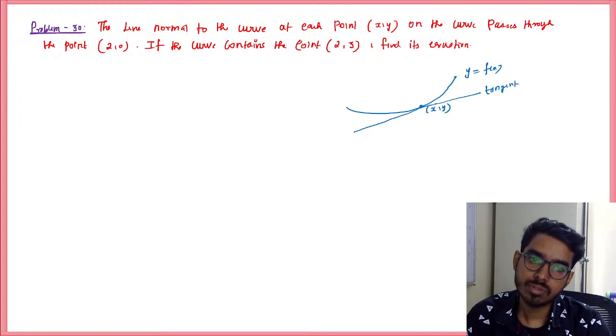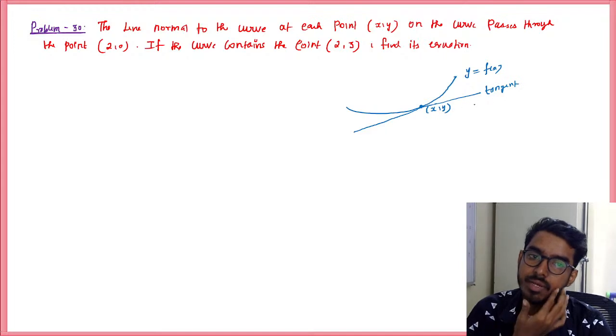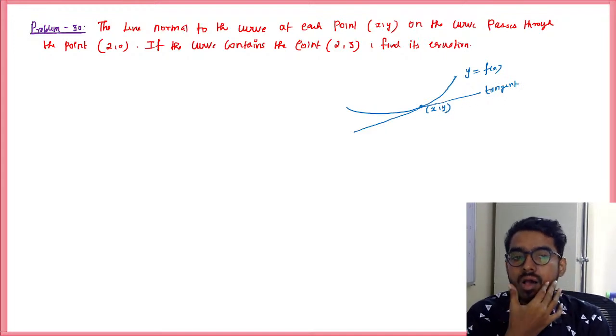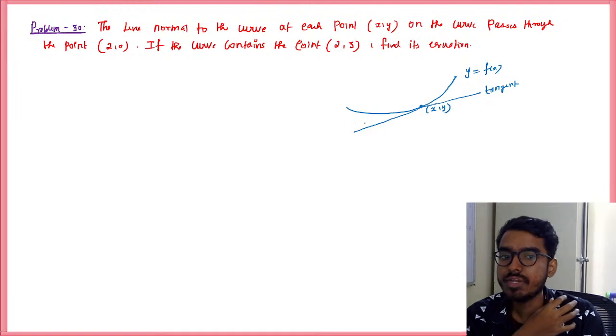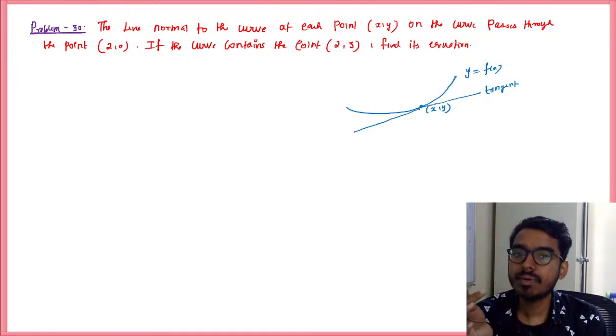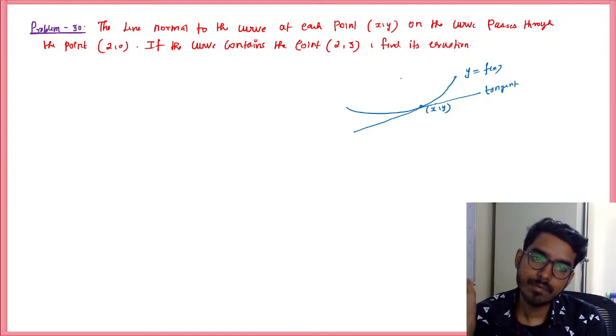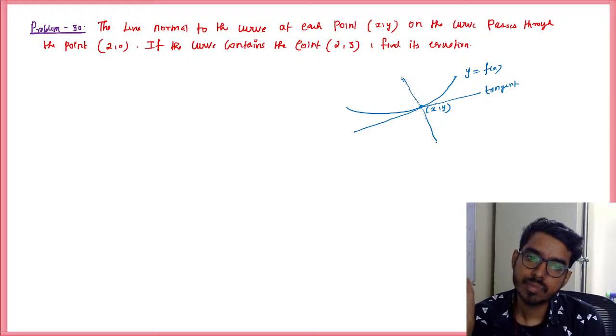And we know a line that is perpendicular to the tangent is the normal, right? So therefore, the normal will be like this. This is the normal, and this normal passes through the point 2 comma 0. This is the normal, this the tangent, right?